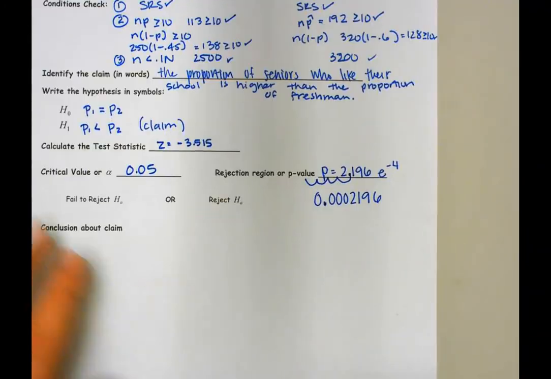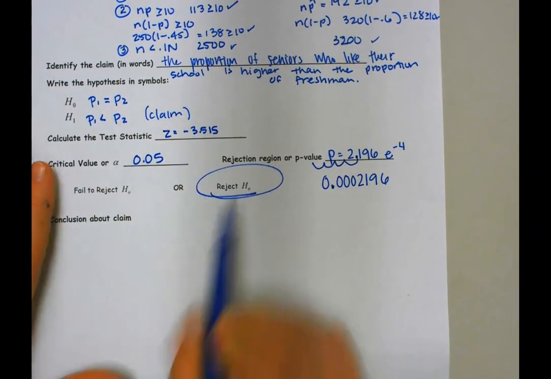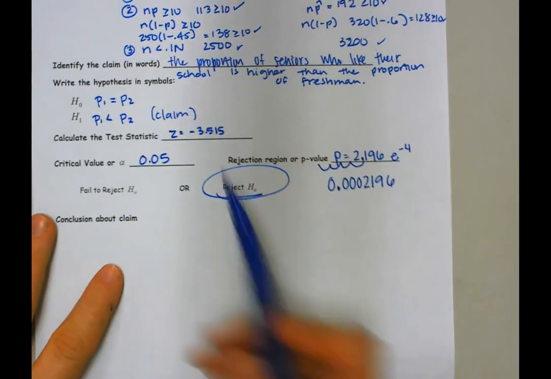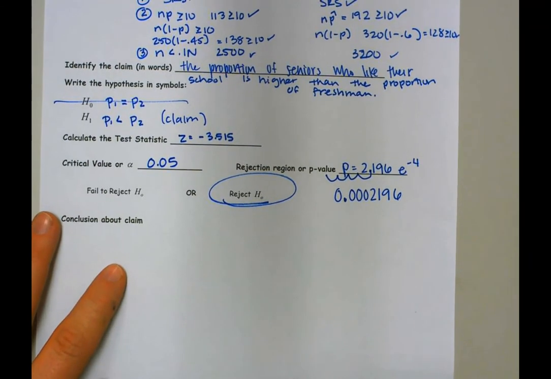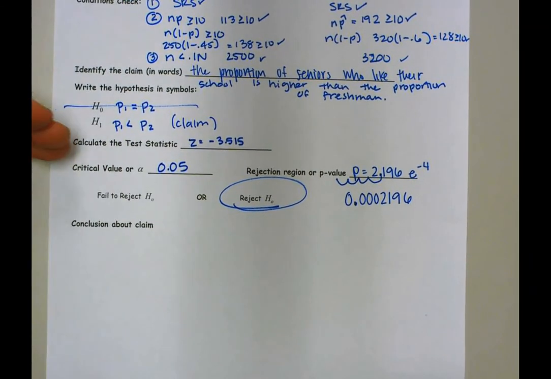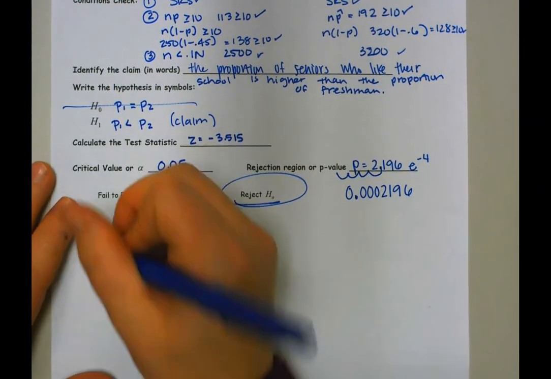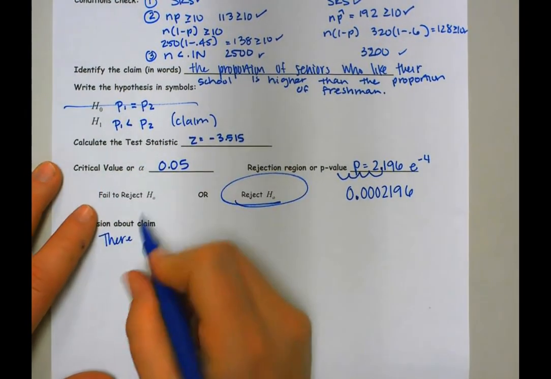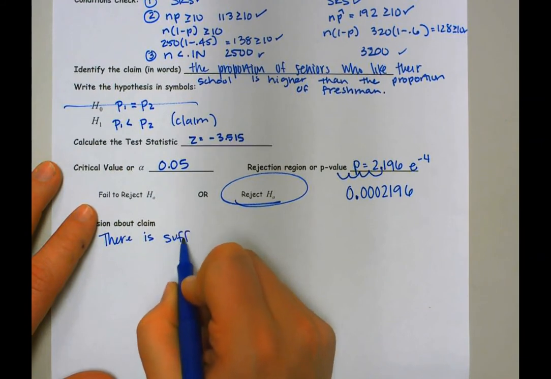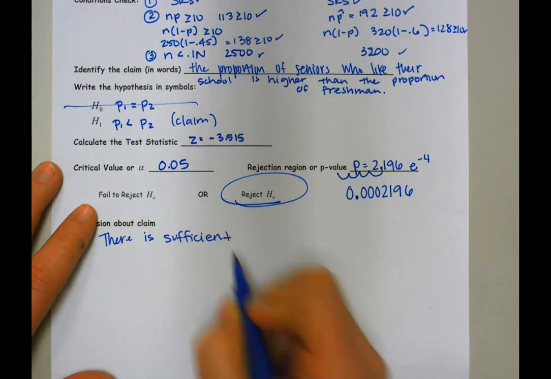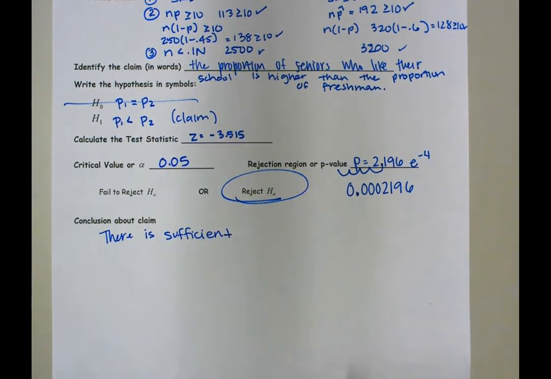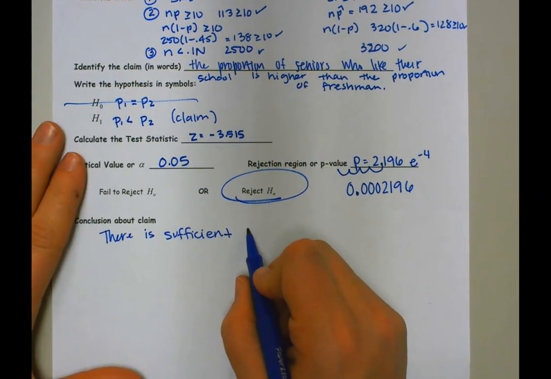Since our p-value is low, we reject our null hypothesis. Because we rejected our null hypothesis, there's enough evidence to support our claim. So there's sufficient evidence. I label these conclusions and state pretty much the same thing every time: either there is not sufficient evidence or there is sufficient evidence to support the claim.